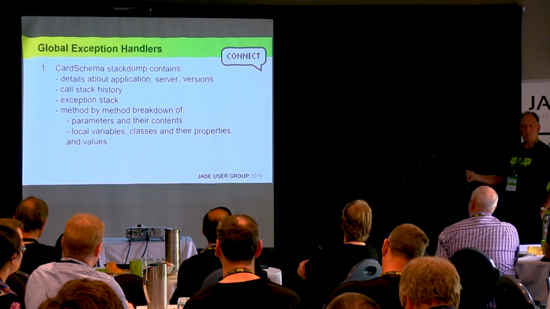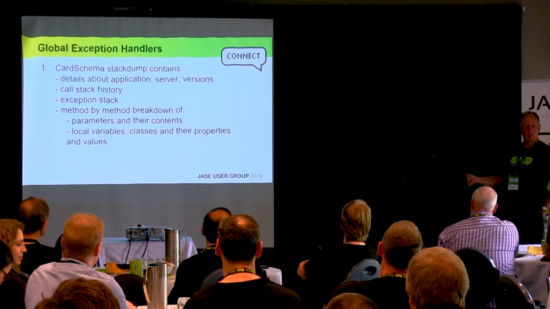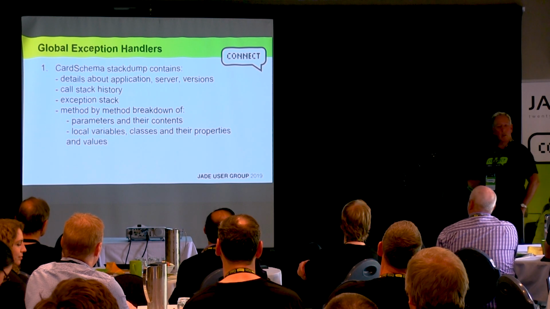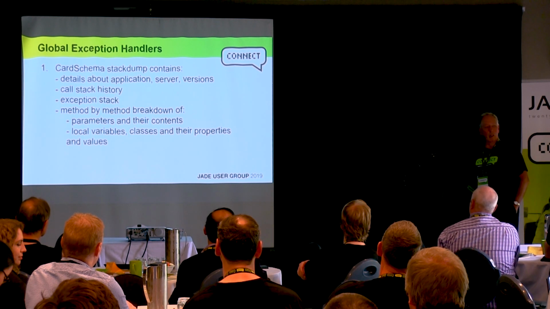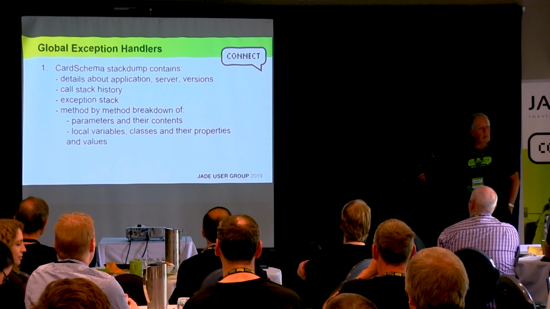Now, probably 80 to 90% of any stack dump I've ever looked at normally gives me the resolution. Sometimes you've got to go further and look at the context, but oftentimes that will give me enough information to go and resolve a problem.